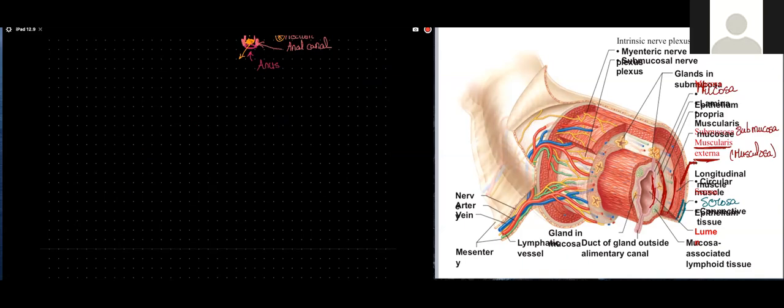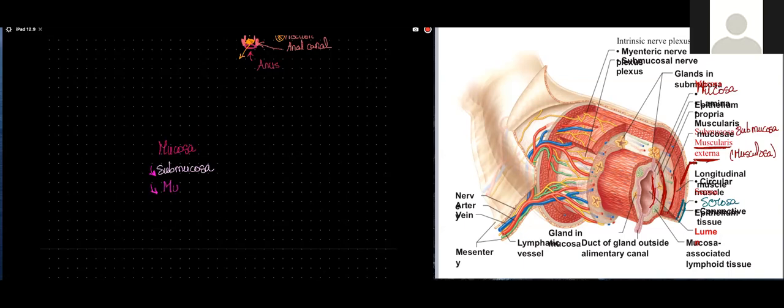From inside out, you've got mucosa. You've got to the outside of it submucosa. Surrounding the submucosa, located even more towards the outside of the submucosa, deeper to the submucosa, is going to be the muscle layer.